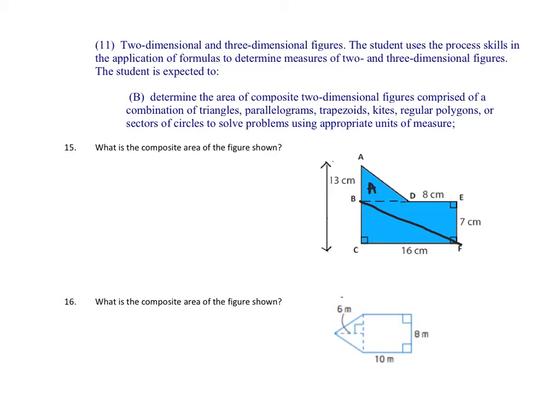So A, B, and C. I've got 3 regions. I'm going to add them all together when I'm done. So the area of triangle A is 1/2 base times height. Okay, so I know this is a right angle because this is a right angle and this is a right angle, this is a right angle.